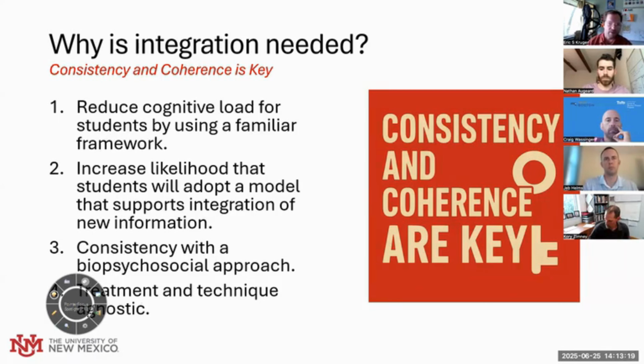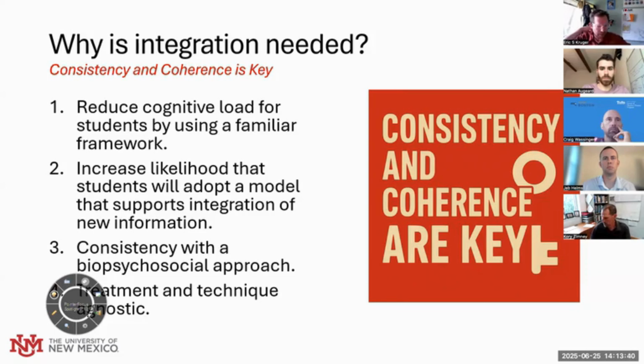So I think it also increases the likelihood that students are going to adopt this innovation, adopt our teaching and integrate it into their practice. Again, that's reducing this sort of bad practice variability that we're all concerned about. And then consistency with the biopsychosocial approach. And then finally, being treatment and technique agnostic.